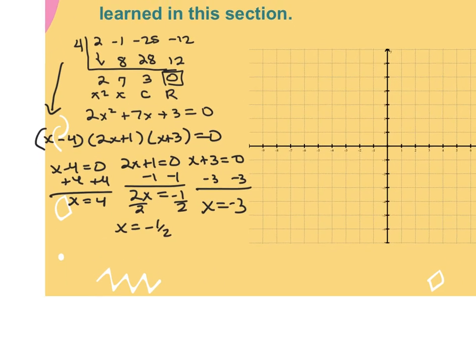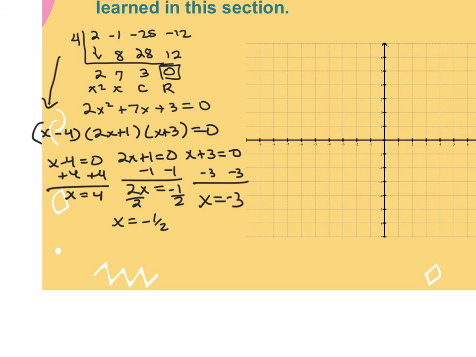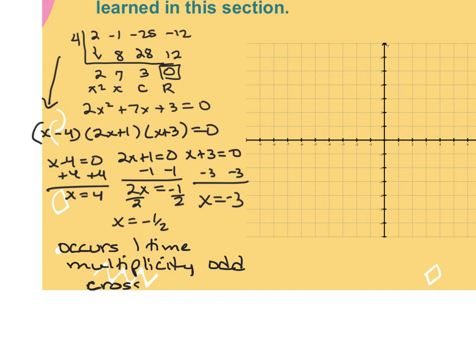Now, for my multiplicity, each one of my zeros only occurs one time. So this tells me I have a multiplicity that's odd. So that tells me that it's going to cross the x-axis at each one of these zeros.